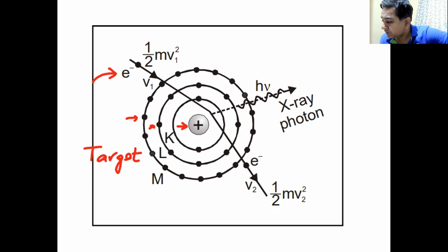As you can see here, it is entering with a velocity v1 and it is leaving with a velocity v2. Which speed do you think is more, v1 or v2? V1 will be more because it will be attracted and it will lose some amount of its energy. Yes or no? Yes, sir.